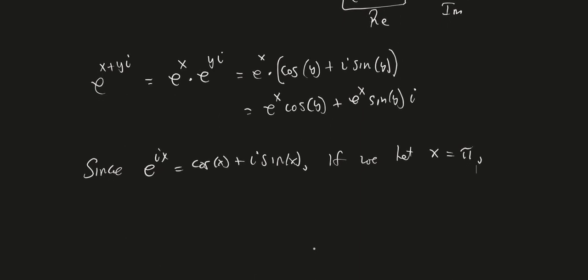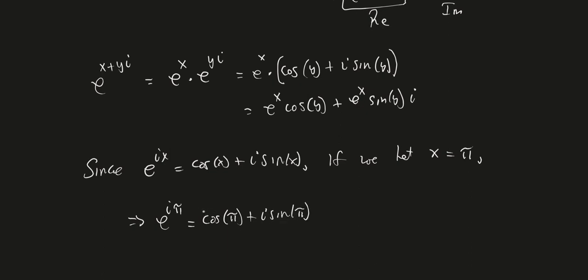Right? What happens if we plug pi into this? Well, we would have e to the i pi, right? That sounds funny just saying it, but say it, right? E to the i pi. And then over here I would have the cosine of pi plus i sine of pi.